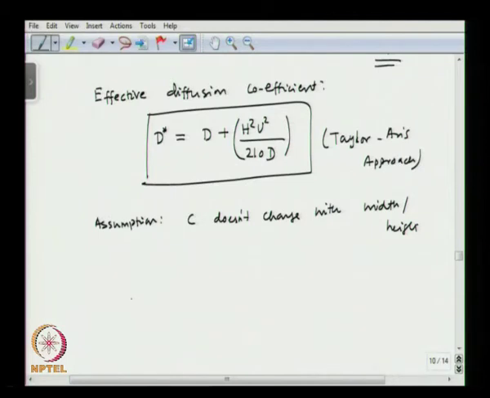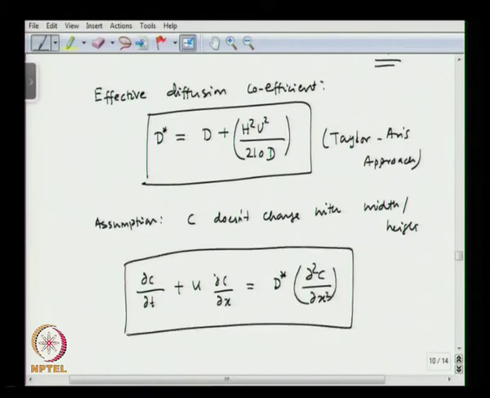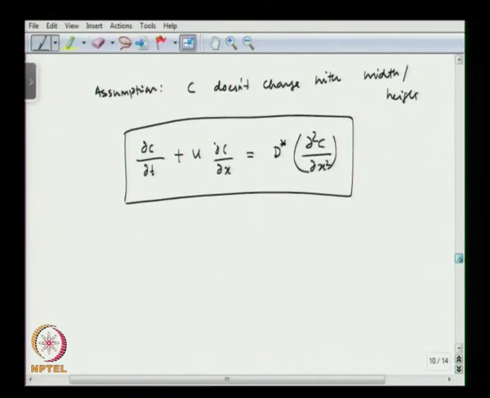Then you can solve the transport equation, which is del C over del t plus u del C over del x is equal to d star del square C over del x square. This is the transport equation we are trying to solve, since it is an unsteady case where everything is time dependent.